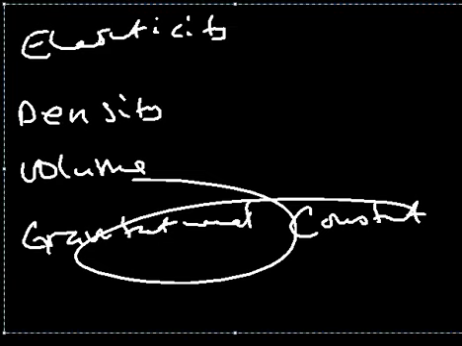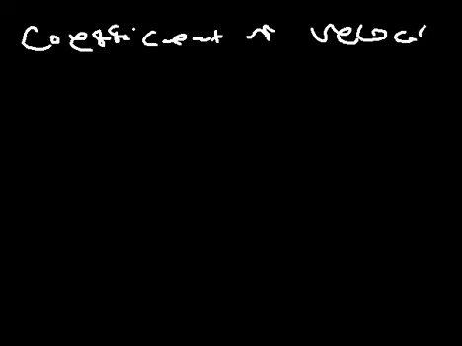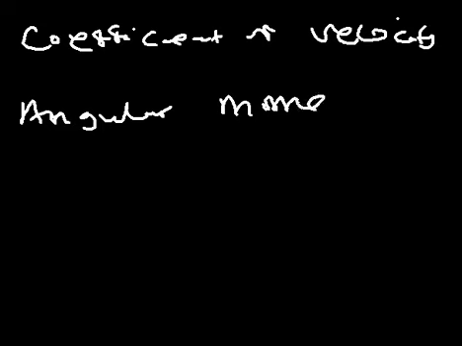And also try the following: the coefficient of velocity. Try to Google it out. What is the dimension for that one? And I also have the angular momentum. What are the dimensions for the angular momentum? Try to go through that one as well at your own time.